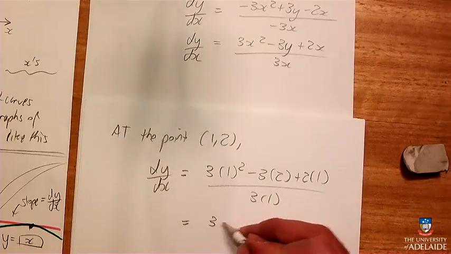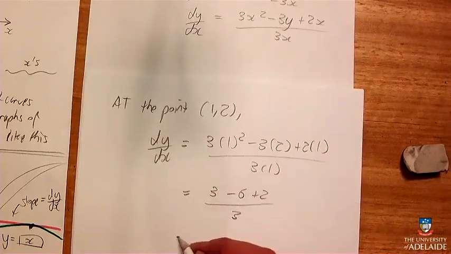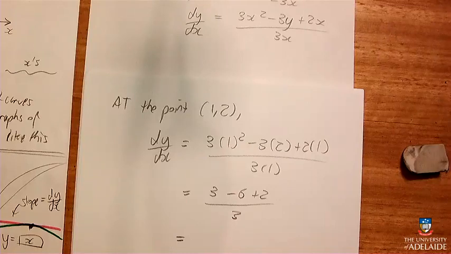Which is 3 minus 6 plus 2 over 3. So 3 minus 6 would be -3, plus 2 would be -1. We get -1/3. Okay.